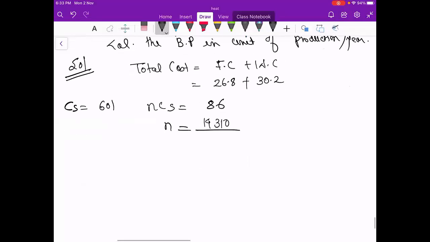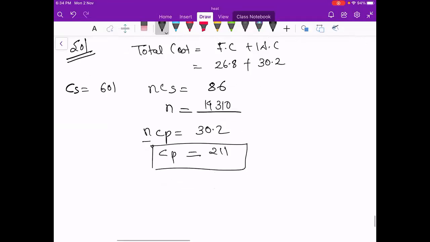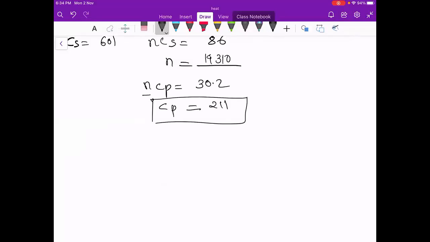Now we can calculate NCP equals to, what is CP here? 30.2. So N we know, so CP will come. What is the CP value coming? 211.